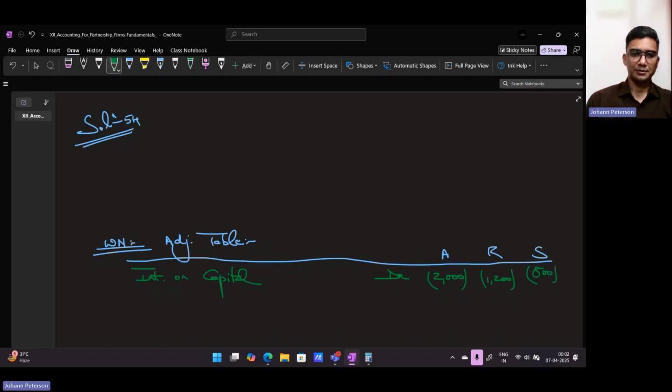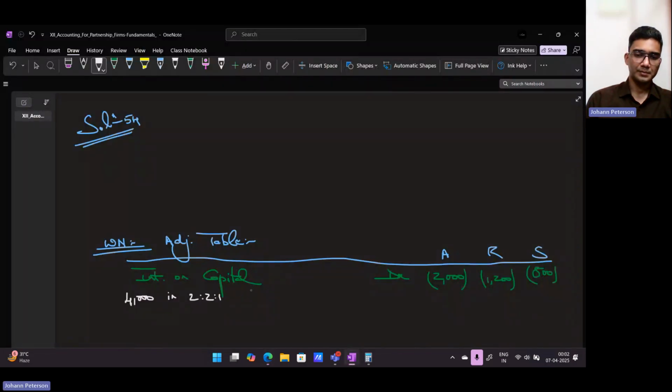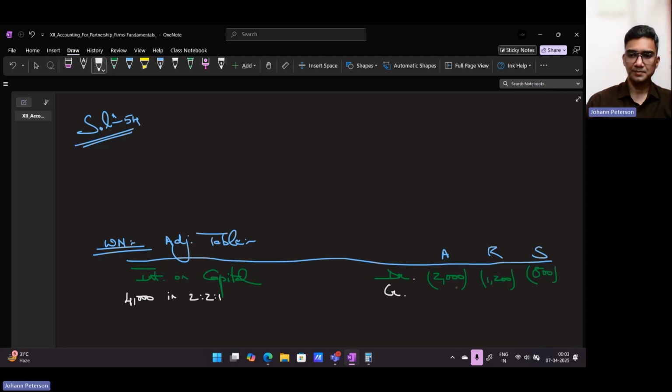Now, if I take this back, I have to total it up. 2,000 plus 1,200 plus 800 makes it 4,000, in their ratio of 2 to 1, and I'm going to credit. So 4,000 into 2 divided by 3 makes it 2,667 — I'm going to write 1,600. And 1 makes it 800. So 32 and 8 makes it a total of 4.